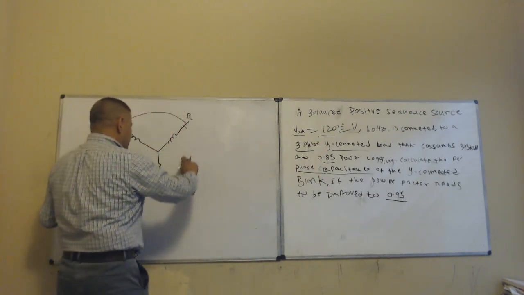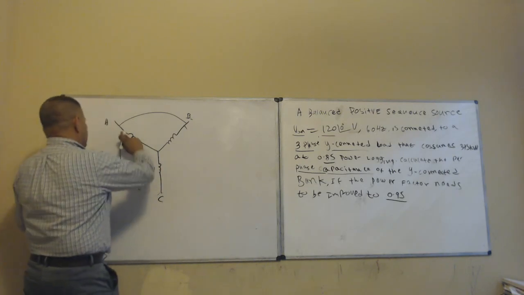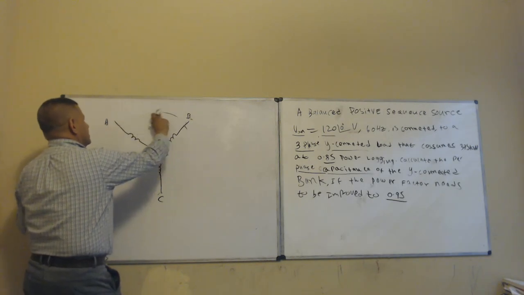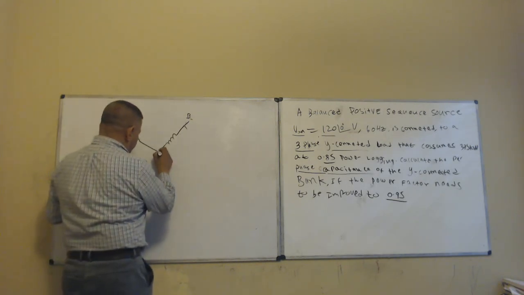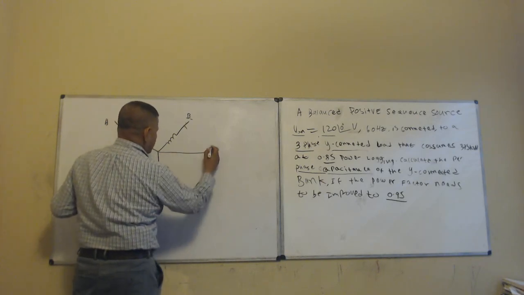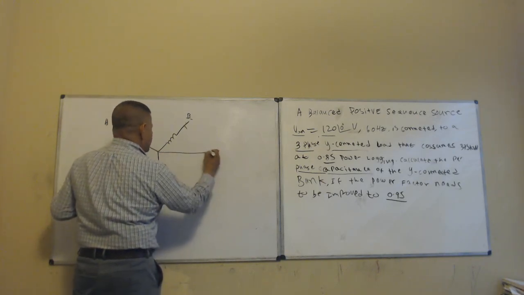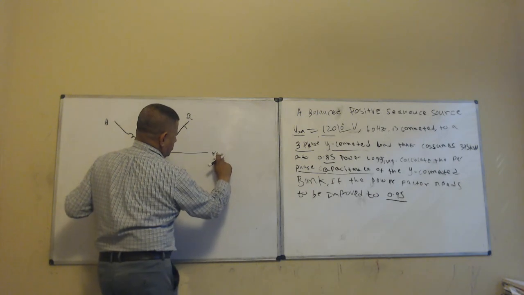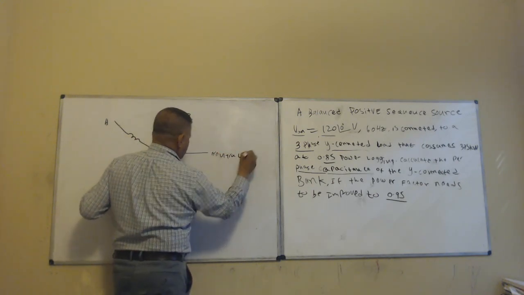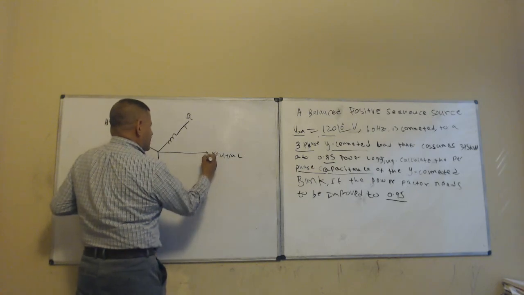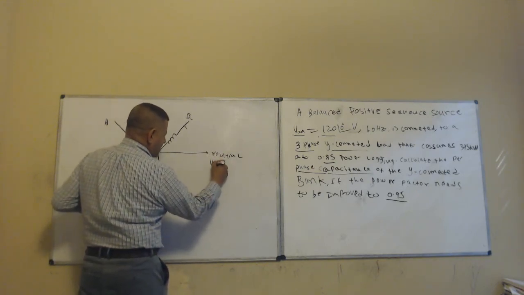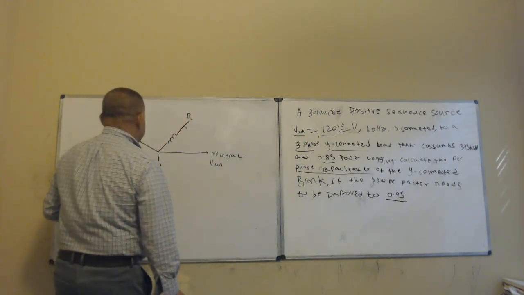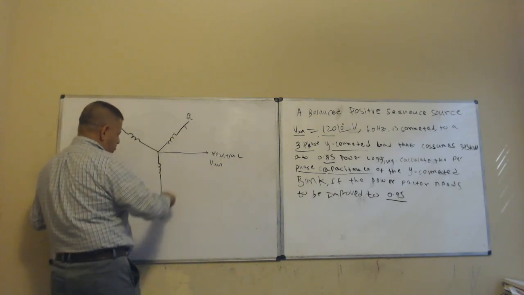In a Y-connected system we have something in the middle, which is called the neutral. This voltage is called V_AN, and it is the one given to us, right? So notice that if there is 120 volts, right?